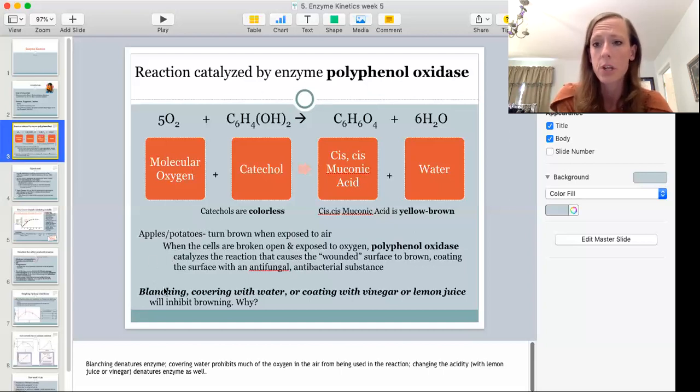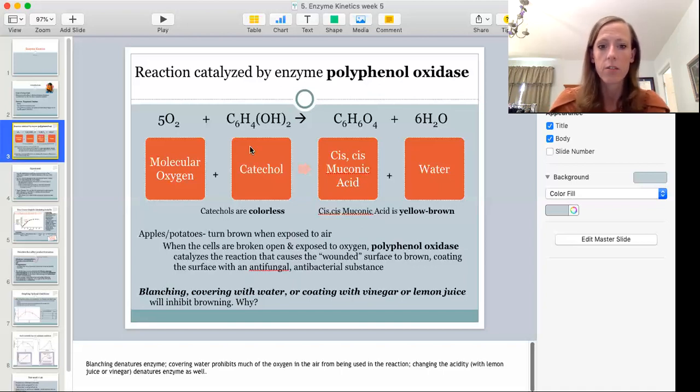So that's what happens when you dip them in boiling water. You're actually denaturing the enzyme, and so therefore the reaction isn't going to take place very readily. Okay, covering in water, this one prohibits access of one of our reactants, one of our substrates.